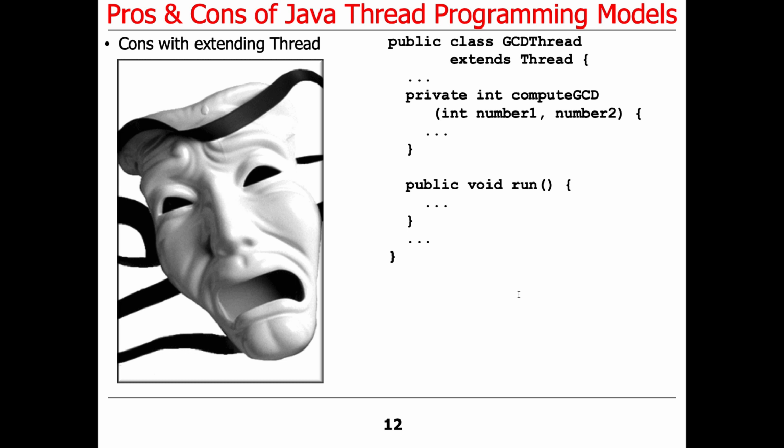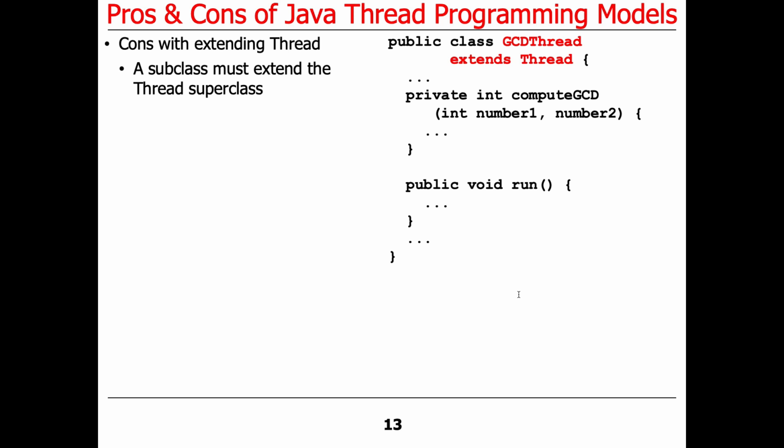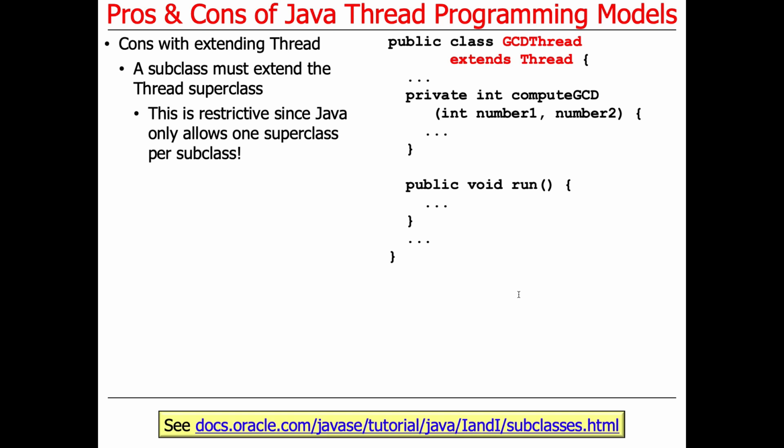But of course, there are always downsides. It's very hard to find one abstraction that's perfect for everything. So there are some downsides with extending Thread. The most obvious one is that a subclass must extend the Thread superclass. And as you're probably aware, in Java a subclass can only have one superclass.